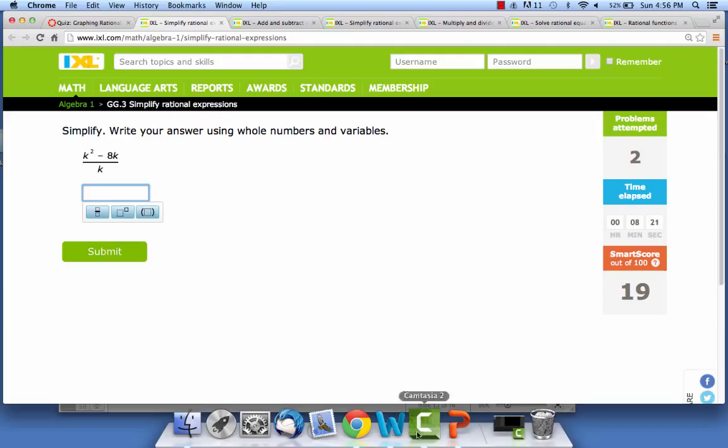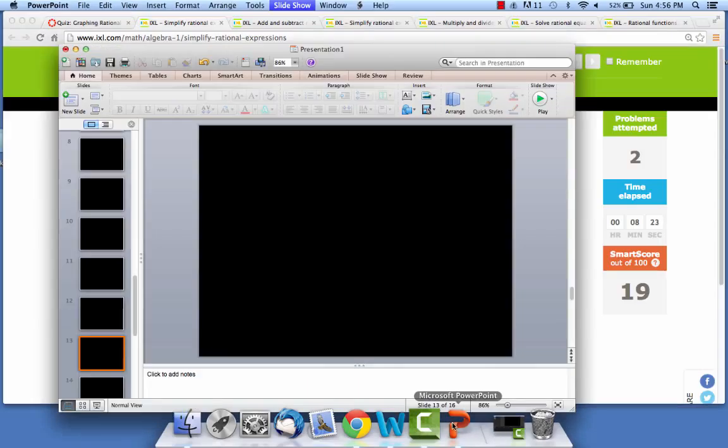k squared minus 8k over k. You might want to be quick about it and you look at this and you think you already know, but be very careful, because when things aren't factored, people have a tendency to just mark out willy-nilly. I can't tell you how many times I've seen people do this. That does not work, okay? If that worked, then what we would have is k minus 8k equal to this.